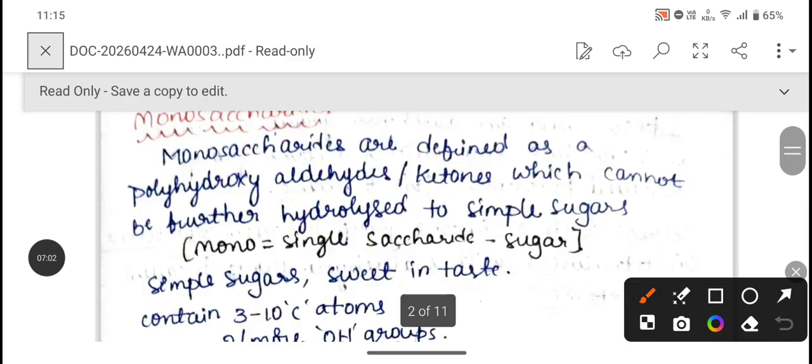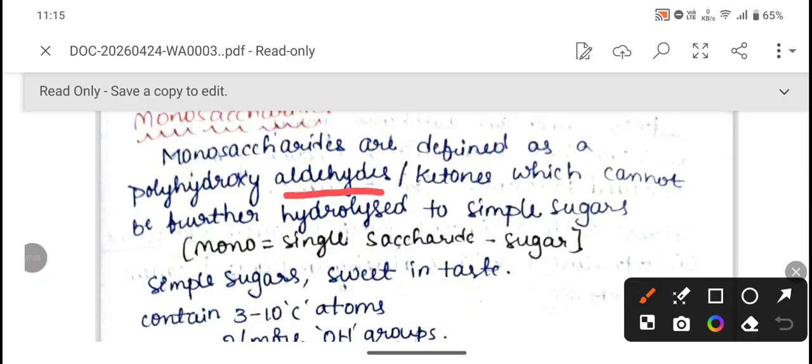Monosaccharides are defined as polyhydroxyaldehydes or ketones which cannot be further hydrolyzed to simple sugars. Which means when you break down these monosaccharide sugars by hydrolysis, they are not going to give other subunits of sugars, because these are sugars with a single unit.